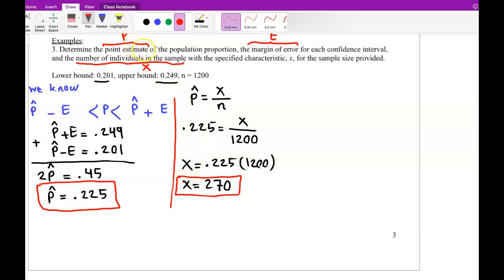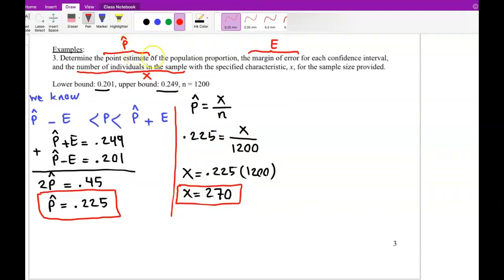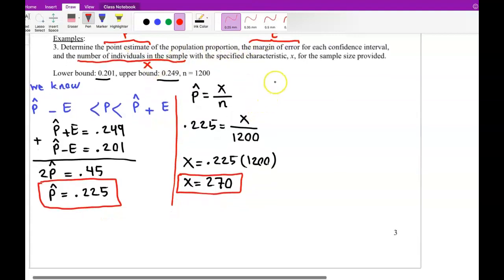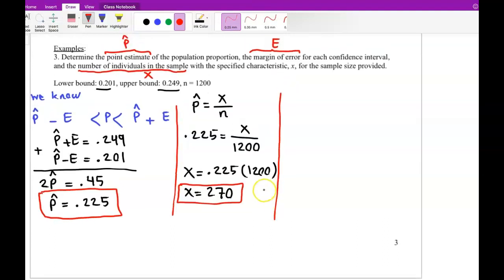Okay, so we got the answer for p hat and x, and now we should find E. To find E, I'm using the upper limit. You can use the lower limit, it doesn't matter.